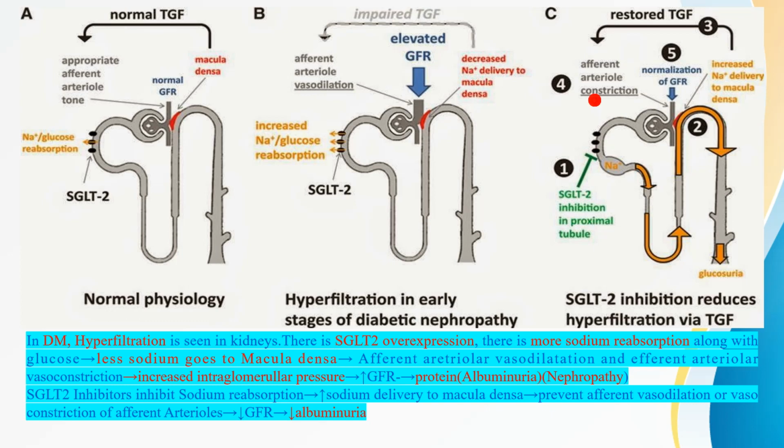So there is normalization of the GFR, or we can say there is a decrease in the GFR in the diabetic patient who had initially high GFR. So this prevents the protein loss or albumin loss, and hence they have a protective effect on nephropathy.